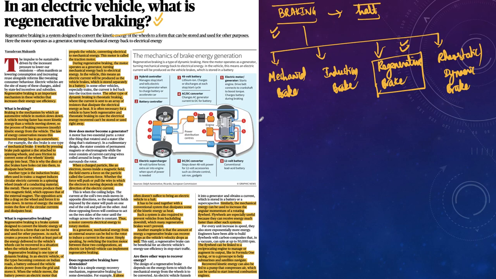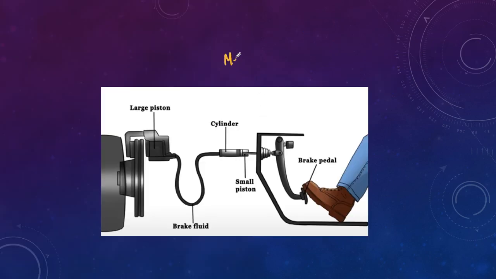First, let's understand the conventional mechanical braking system. We know very well how it works. In a conventional engine that uses petrol and diesel, the fuel generates the kinetic energy to move the vehicle.